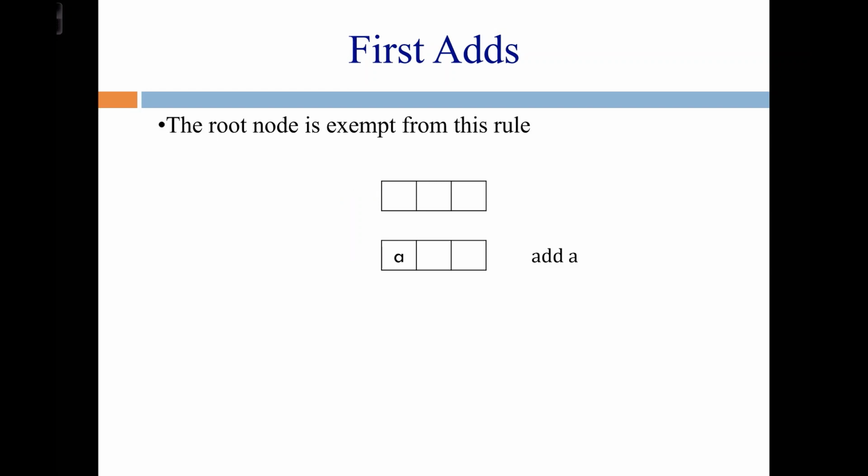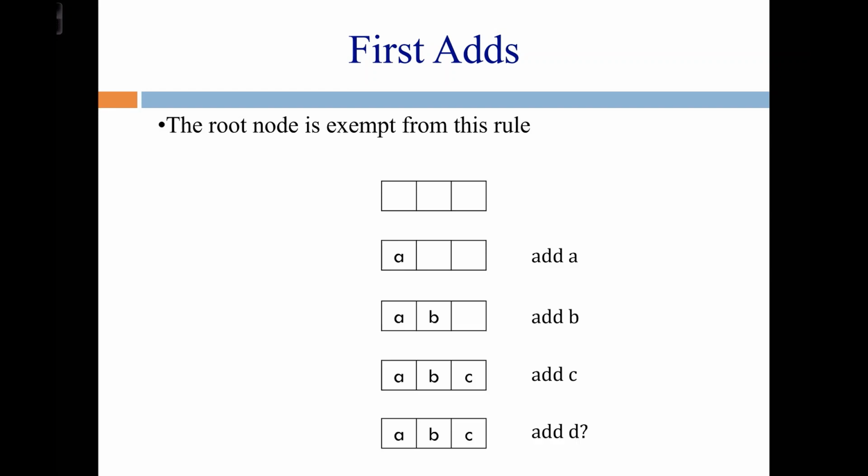And when adding additional items, we always try to find an existing node to add them to. So if we add B and C, they're going to go into that same root node. And now the root node is full. So if we try to add D, we can't put it in an existing node, we have to make a new one.